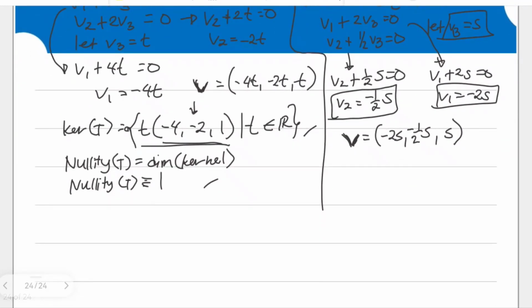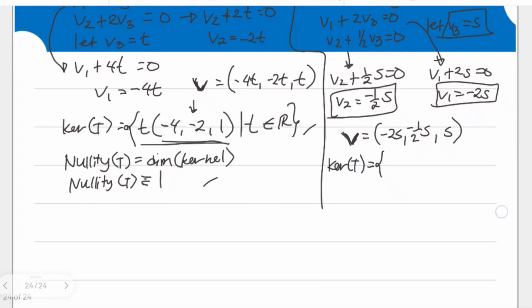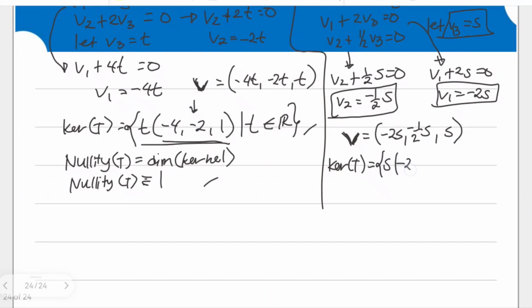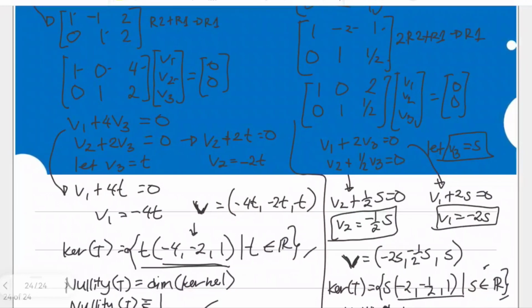Or, again, you could factor out s there, but let's just proceed immediately to the kernel of T, the set of all vectors with s as our scalar here: -2, -1/2, and then 1 as you factor out s, such that s is an element of R. This is our kernel, and the nullity of T is equal to 1, as this is only a vector here as the basis of the kernel. So same here, 1, we have this kernel for the second matrix.